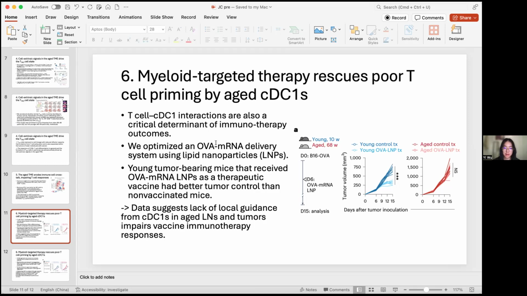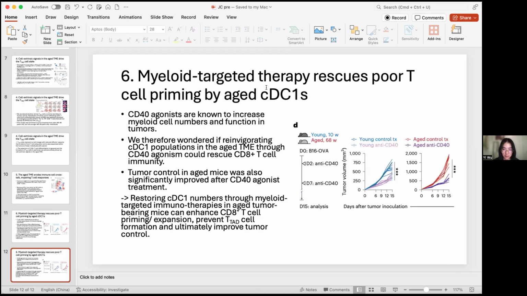They optimize an mRNA delivery system using lipid nanoparticles, but they end up realizing that this nanoparticle only helps the young mice group, which is probably because of lack of local guidance from cDC1 cells in aged lymph nodes and tumors. Yeah, 所以就是这个 tumors 这个 vaccine 就没有办法得到很好的 response.